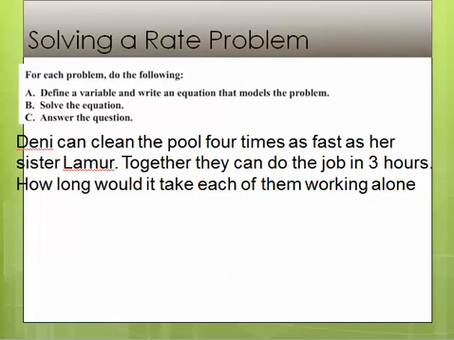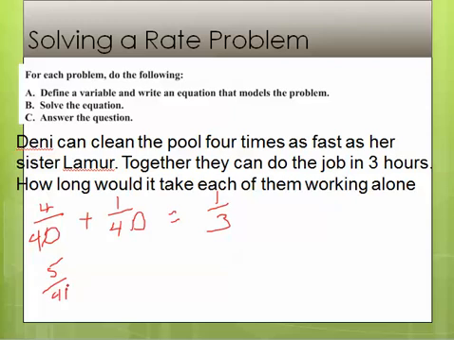Okay. Denny can clean the pool 4 times faster than her sister. Okay, well, let's just put that down. So you've got 1 over Denny's time, and you've got 1 over 4 times Denny's time. Together they can do the job in 3 hours. It's equal to 1 over 3. Common denominator, 4 over 4d, and that's going to be 5 over 4d is equal to 1 over 3.